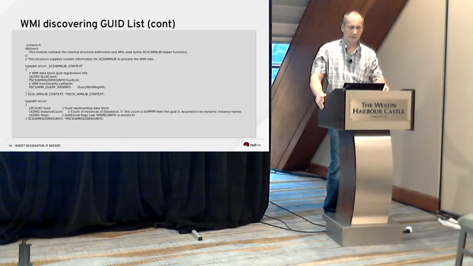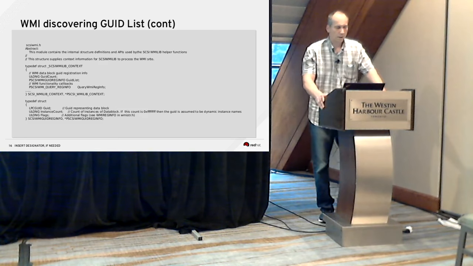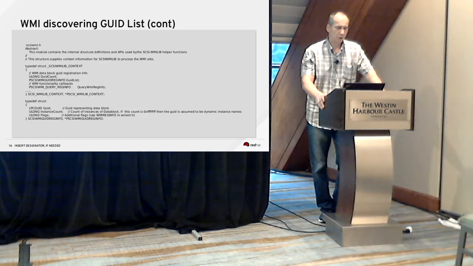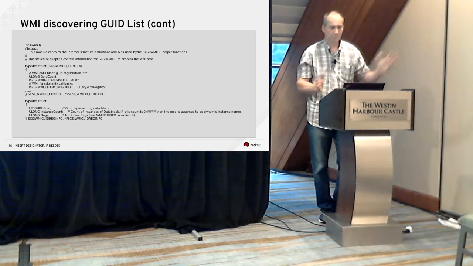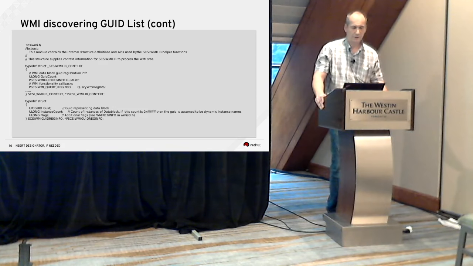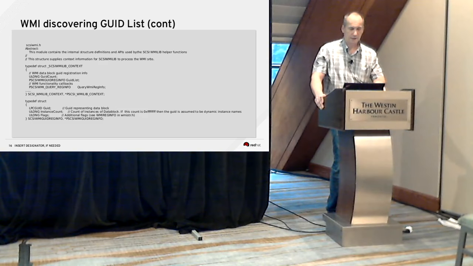First of all, we have what they call the SCSI WMI lib context. It's a pretty huge structure. One of the members of the structure is SCSI WMI UID reg info, which contains a pointer to the global UID.